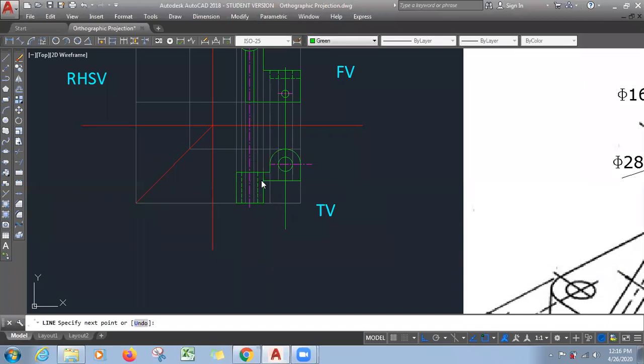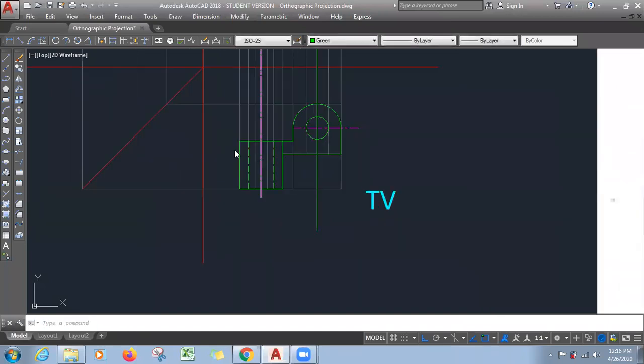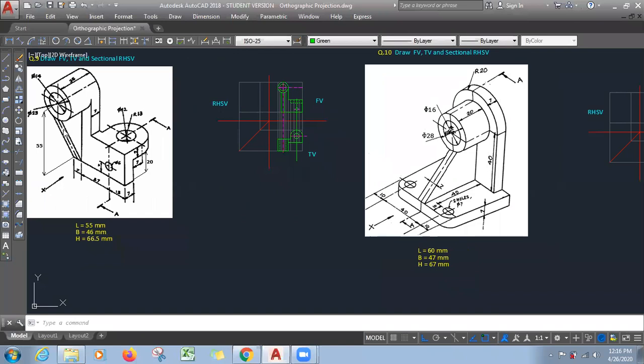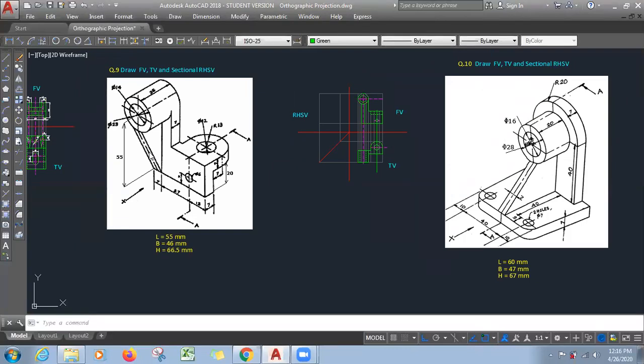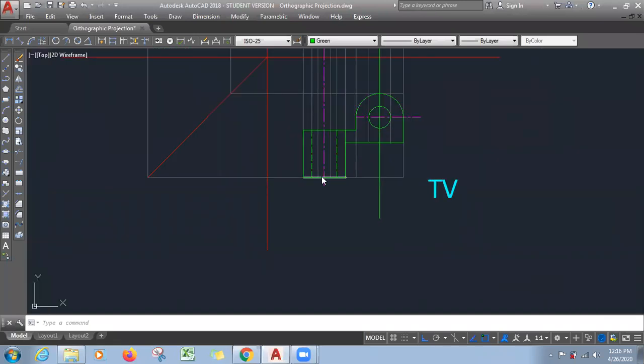Once we get it, now see, this portion cannot be seen from top. Which one? This one. Then this portion has this rib, starting at this point and ending on this level. So how do we get it?